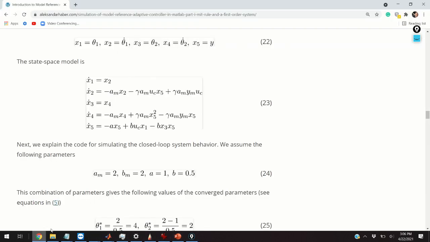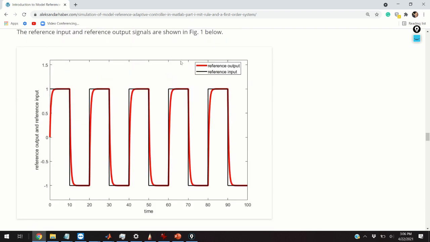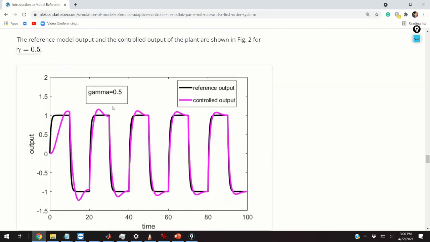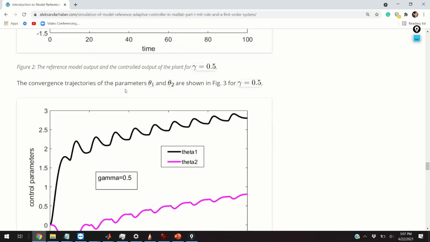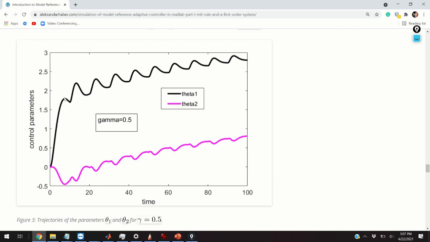So let's see what happens when we increase the parameter values. I'm going to go back to the post, since I've generated the simulation results. This is the first graph you have seen, right? This is the second one. This is the comparison of the reference output and the controlled output of the plant for gamma equal to 0.5. And this is the parameter convergence for θ, theta 1 and theta 2, for gamma 0.5.